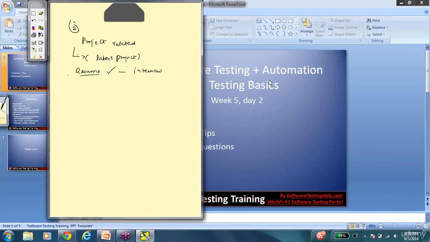So here you will start with what the project is about. You'll talk a little bit about the AUT. If we are talking about the Car Guruji site, I would start this way. This is an application. It's a web-based application. It is developed as part of the live project for the Software Testing Help manual testing course program, and it is pretty much similar to Kelley Blue Book, or I mean, of course, that's too much in scope, but this is something that tries to automate the car dealership process.